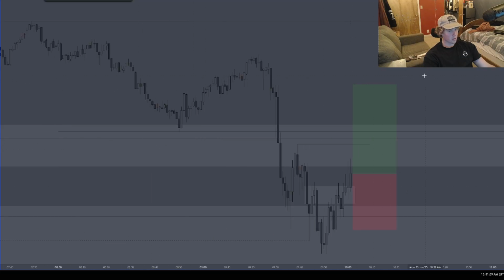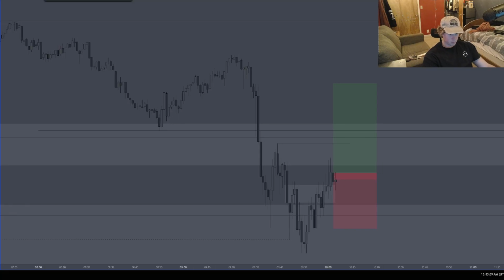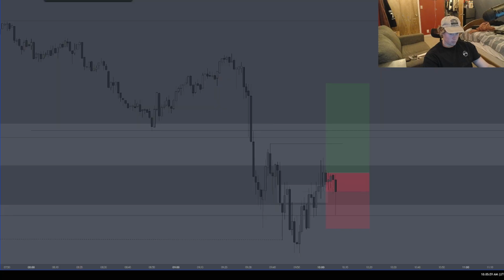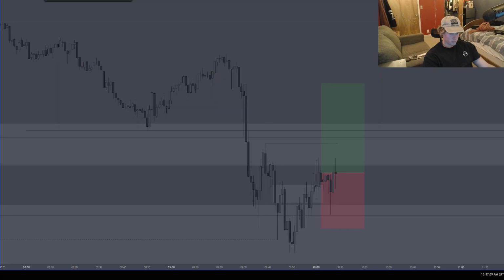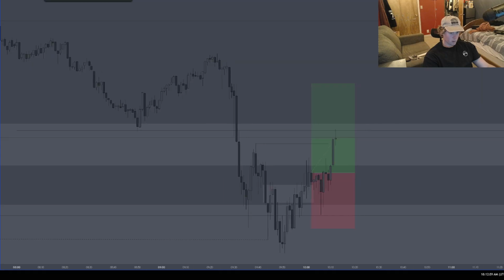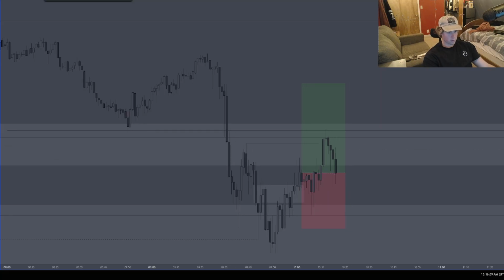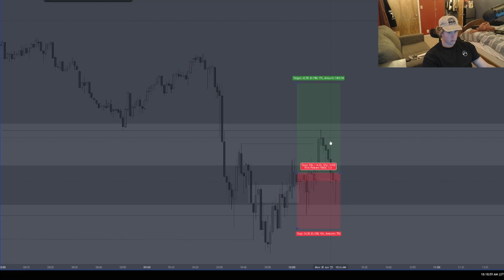I'm not taking it because it's not a strong close through. It'll probably work though. Yeah, so that would have played out. No trade for me.